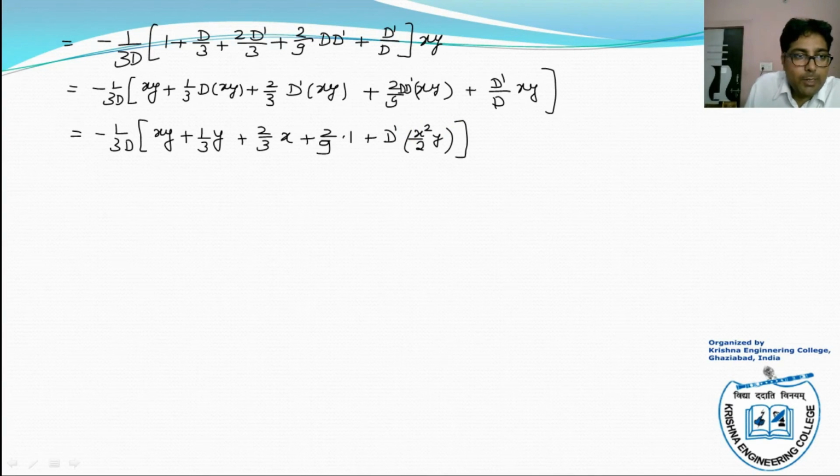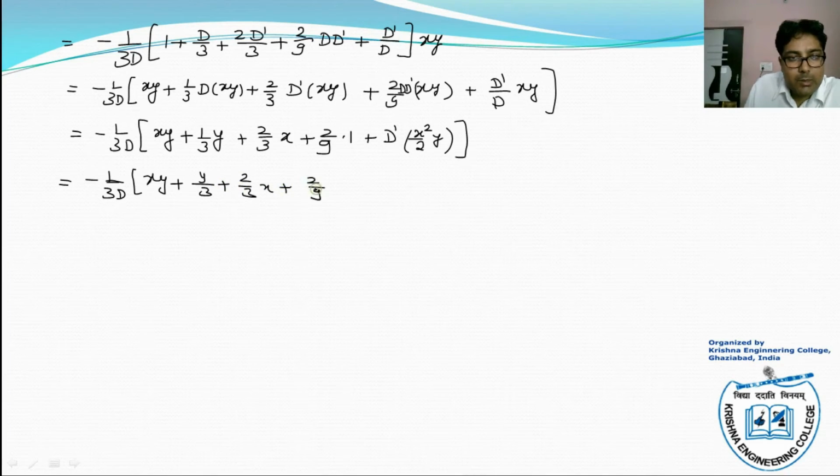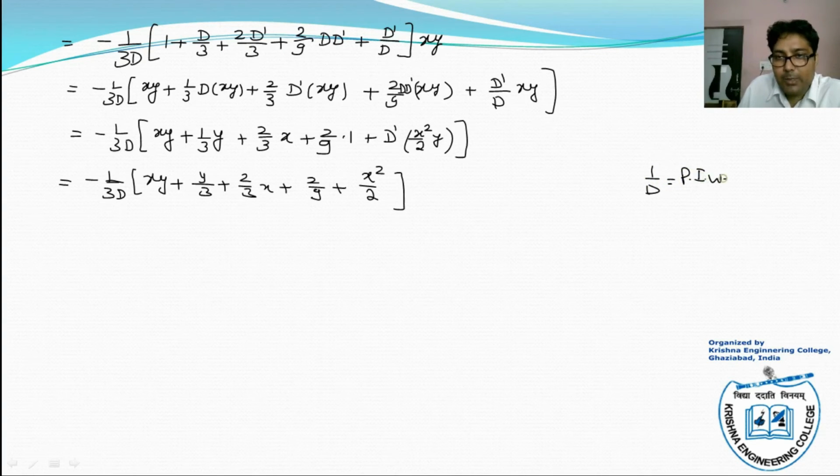Again we write it minus 1 upon 3D, xy plus y upon 3 plus 2 by 3 x plus 2 by 9. Now we integrate it with respect to x because 1 upon D means partially integrate with respect to x.